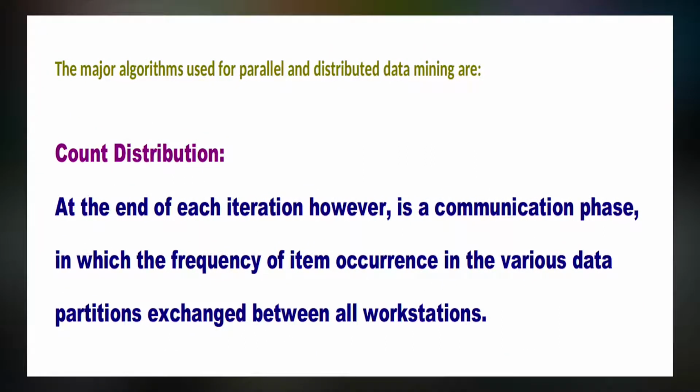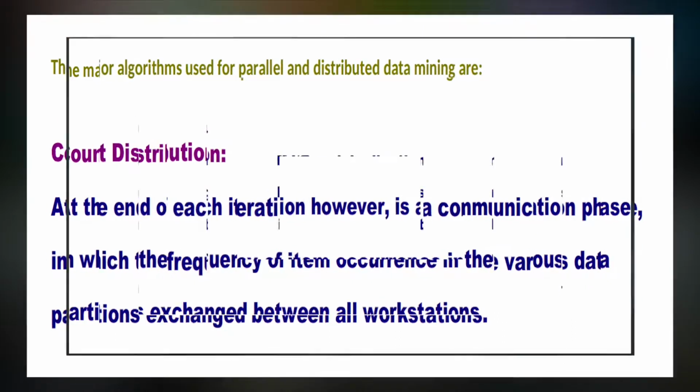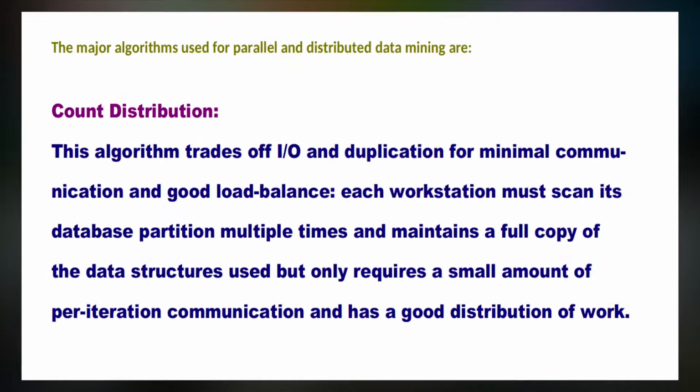At the end of each iteration, however, is a communication phase. In this communication phase, the frequency of item occurrence in the various data partitions is exchanged between all the workstations. Hence, this algorithm gives a trade-off of I/O and duplication for minimal communication and good load balance.